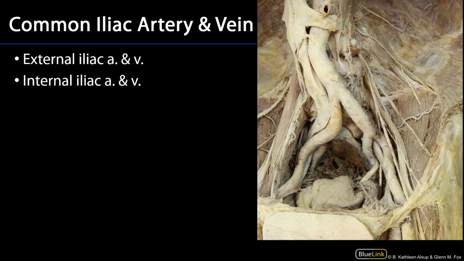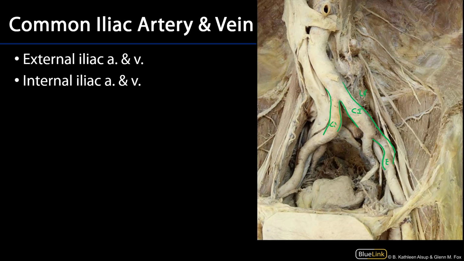So looking at a bigger picture here, we can see the bifurcation of the abdominal aorta, again at about the L4 level. That's turning into the common iliac artery, so we can see the common iliac arteries there. And then within the pelvis, kind of adjacent to the brim of the pelvis, we can see the common iliac arteries bifurcate again into the external iliac artery.